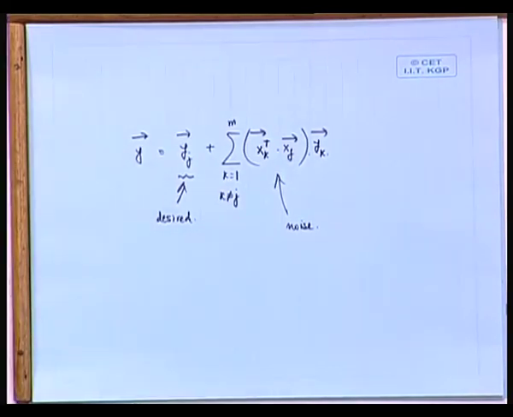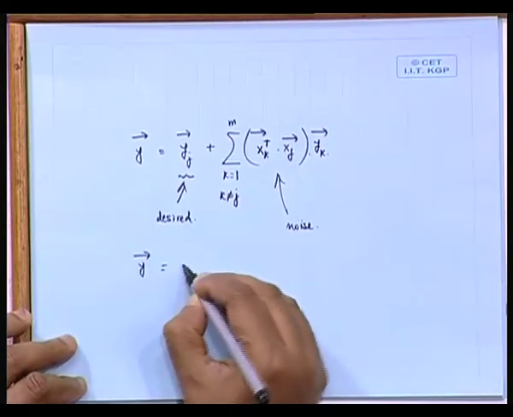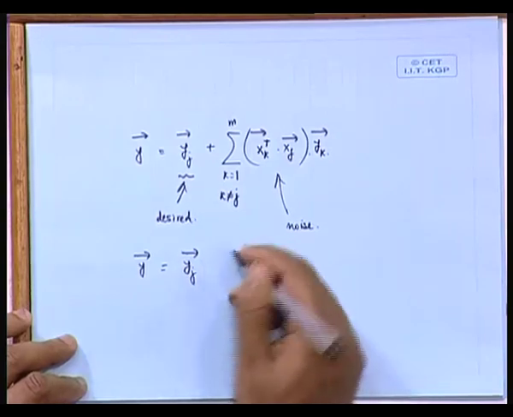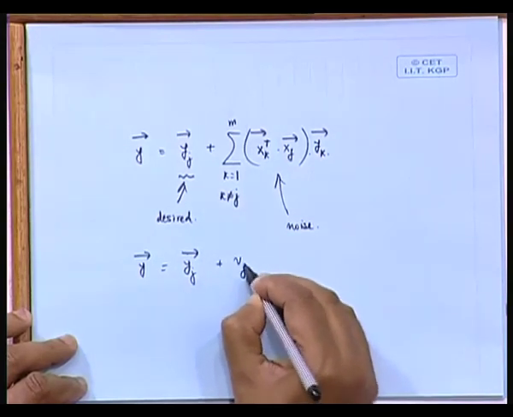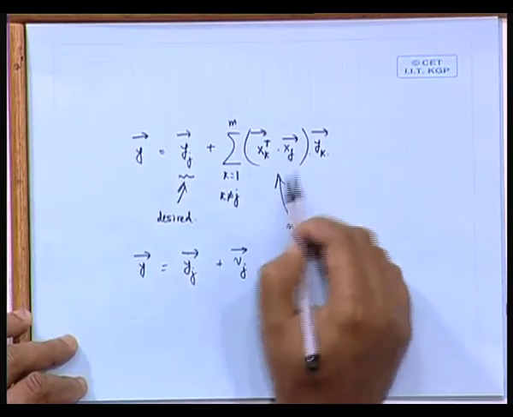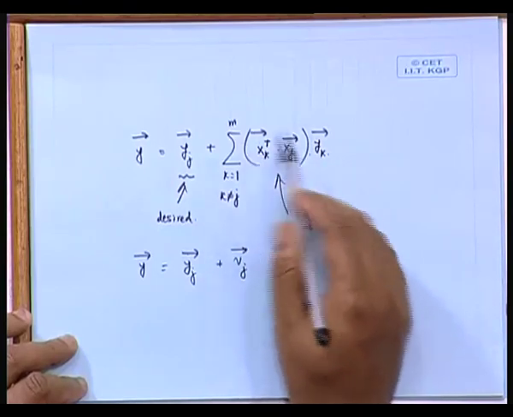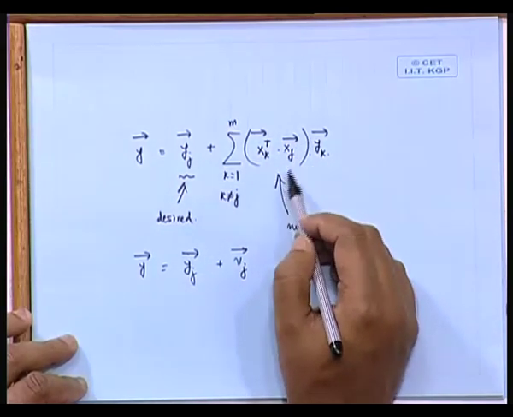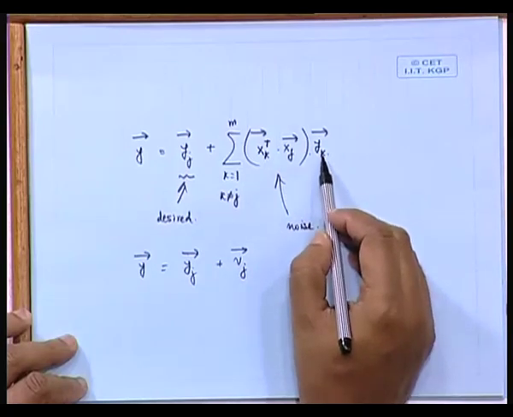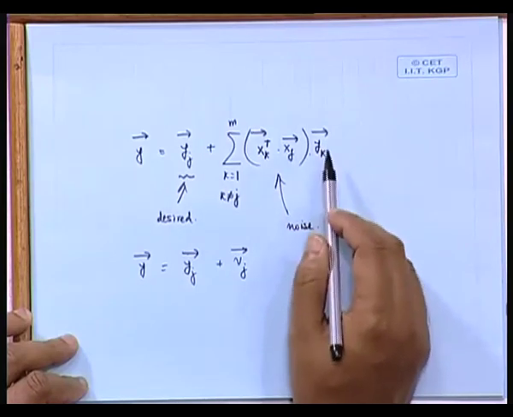So, now let us represent this as y vector equal to yj, the desired vector, plus the noise, again in the form of a vector, which we can write as vj vector, because this after all is xk transpose xj, the dot product that leads to a scalar quantity, times yk. Okay. So, in other words, this becomes an addition of vectors.